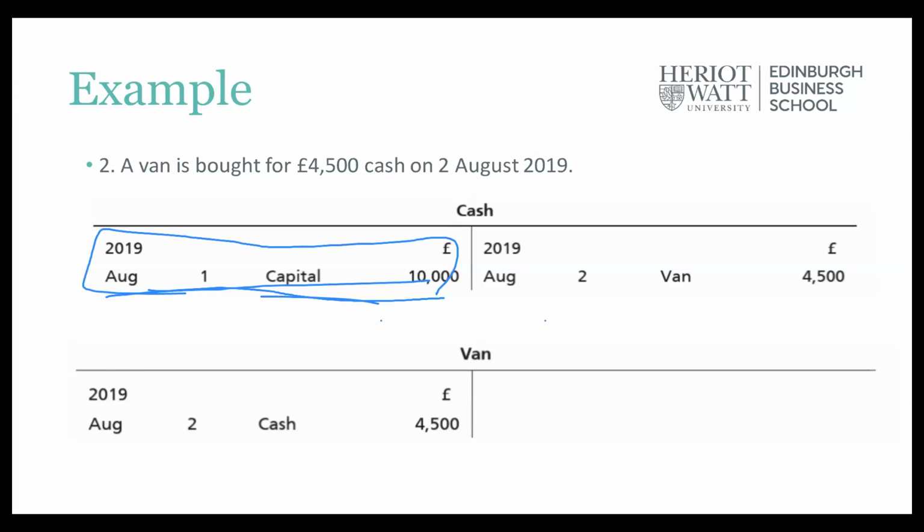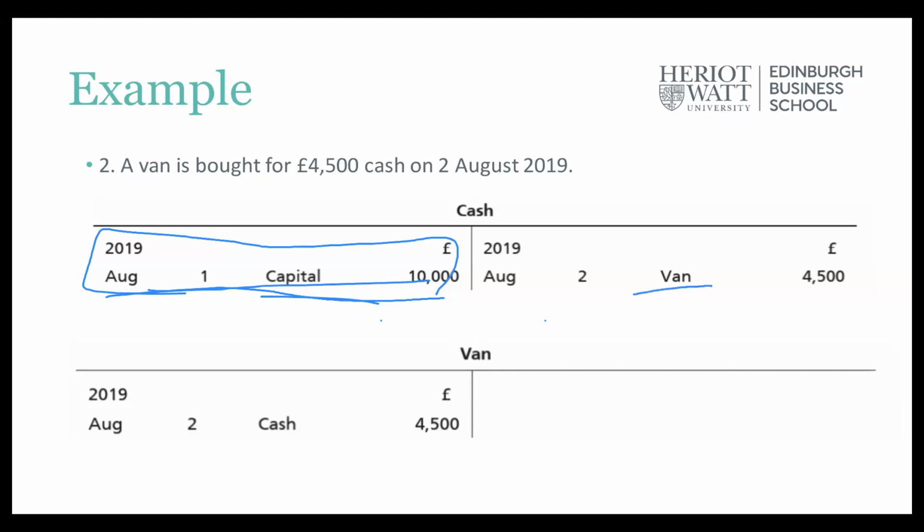In other words, as a business, are we receiving cash or giving cash? We are giving cash, which means the cash account is giving, to which account? To the van account, isn't it?